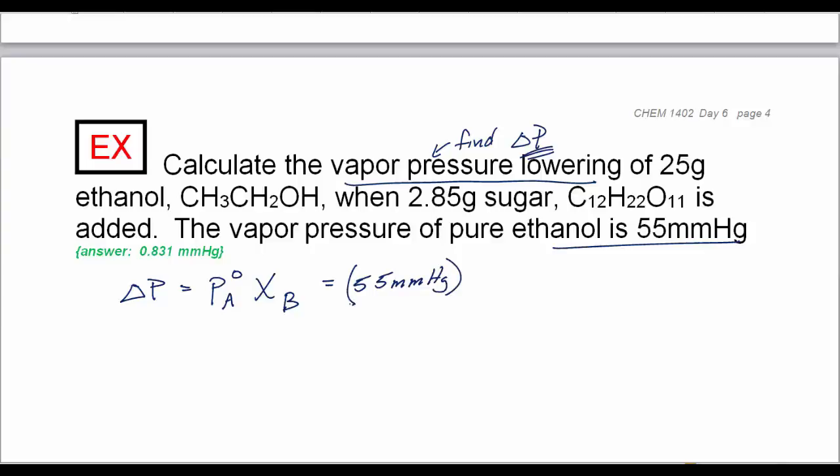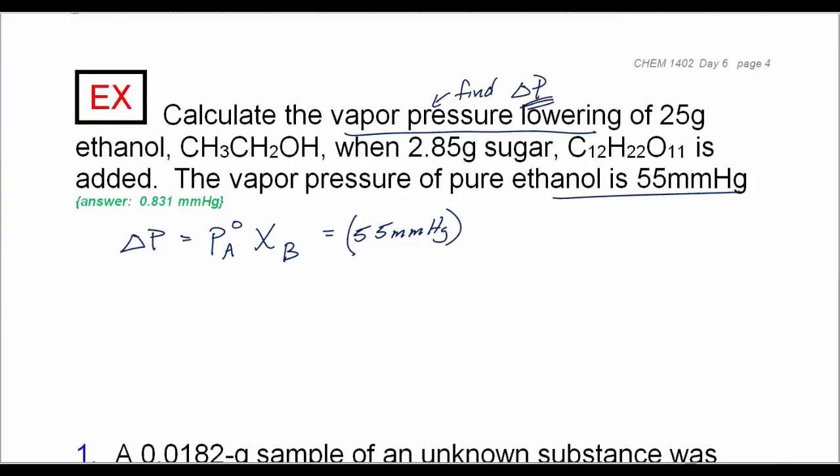Now I need the mole fraction of the solute, XB. What's my solute? Is it the ethanol or is it the sugar? It's the sugar, right? There's only 2.85 grams of it. So I want the mole fraction of C12H22O11.